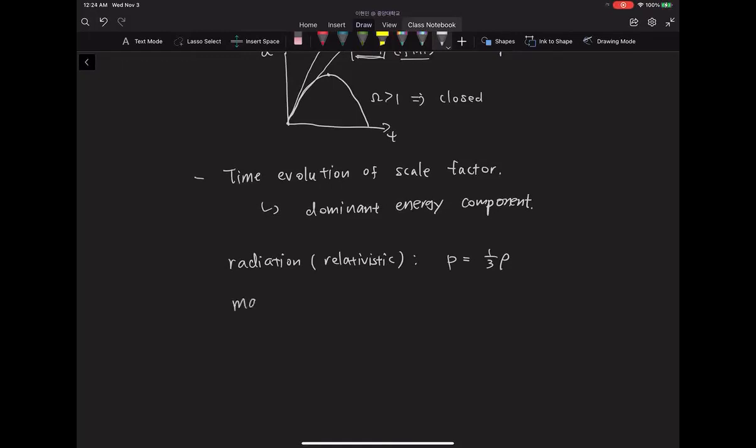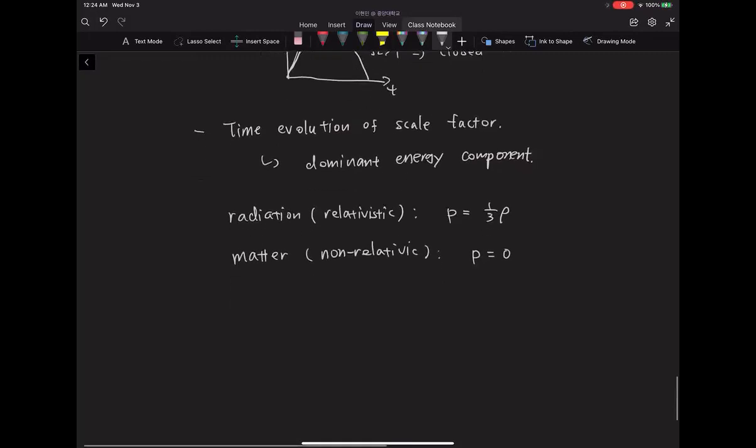If the particles in the system are matter, meaning that the mass of the particle is larger than the kinetic energy, non-relativistic particles, then in that case the pressure is 0.